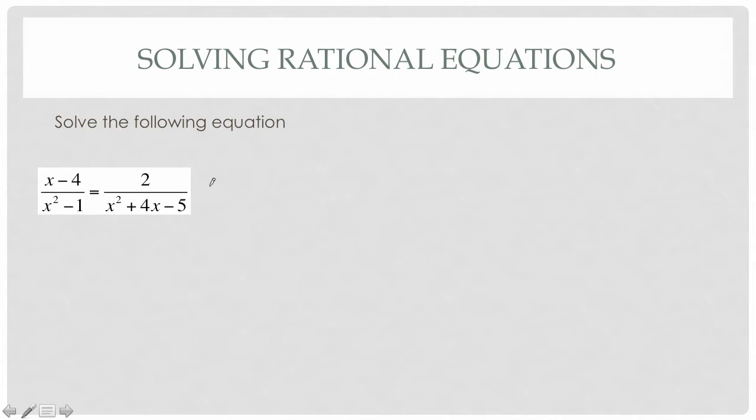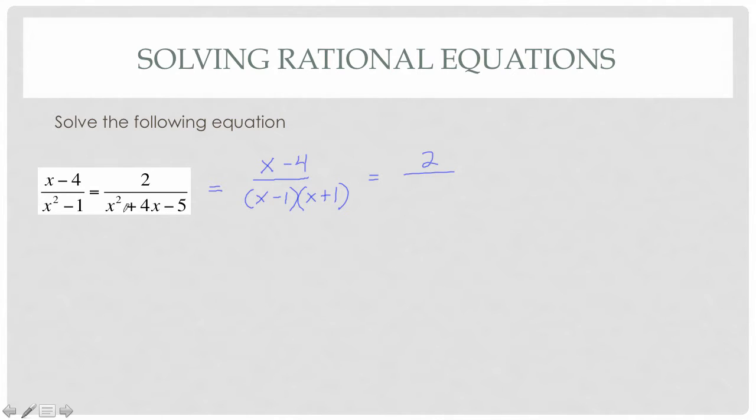First thing I always recommend is factor, factor, factor. So I'm going to change this to x minus 4 on the top left there. x squared minus 1 is the difference of two squares, so that's x minus 1, x plus 1, is equal to 2 times, and then what does this factor into?